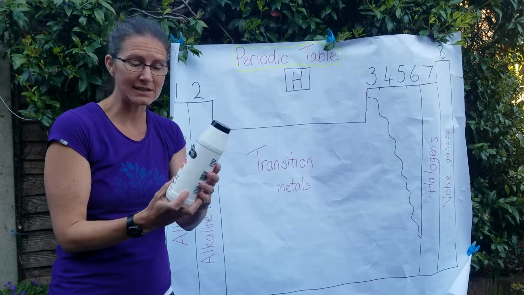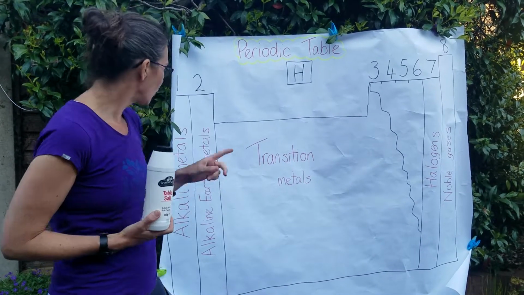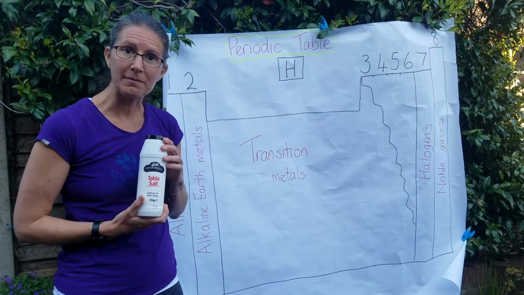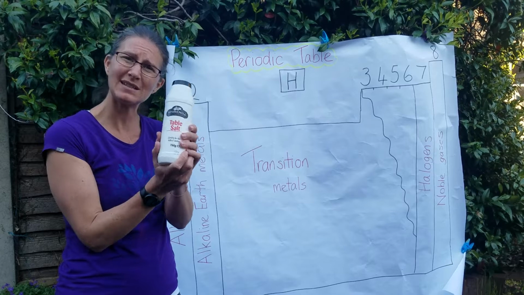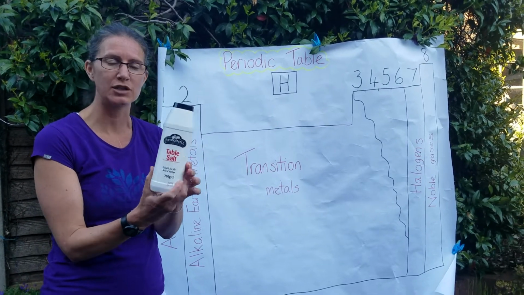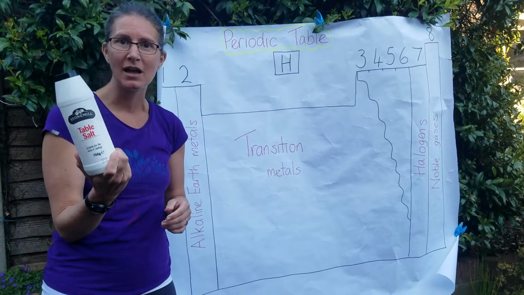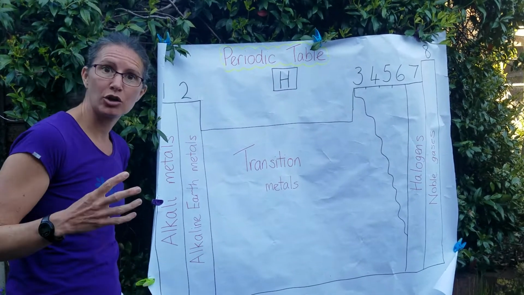Sodium chloride is table salt, but of course it can't exist just as sodium in my cupboard. We keep all of these alkali metals in oil in the lab, in our prep room. So this is chemically combined to chlorine to make sodium chloride. So you have an alkali metal in your house, on your chips, on your food, but as a compound.